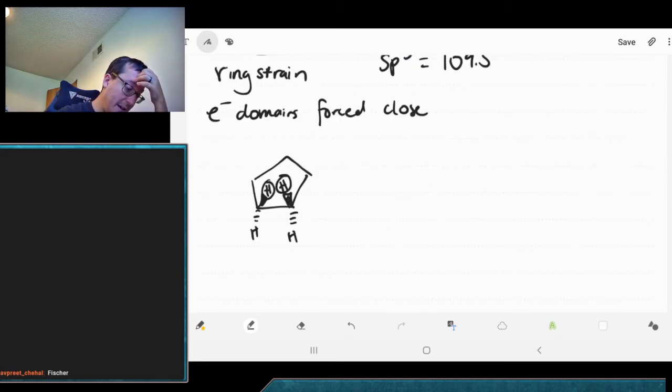And we're going to see that as a result, we'll end up drawing our cyclopentanes a little bit differently. We're going to kind of buckle it a little bit. And so we're going to end up having kind of this idea here where now we have our H's kind of far away from each other.